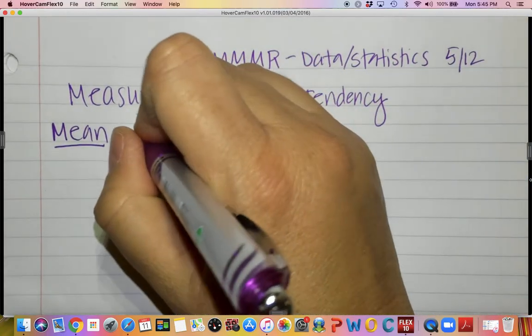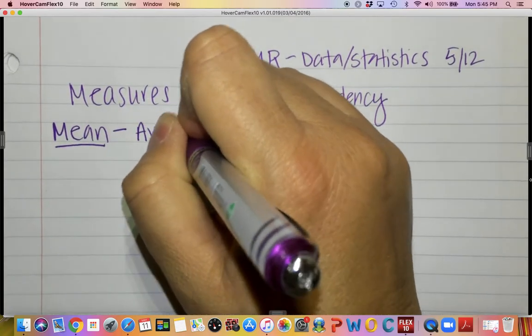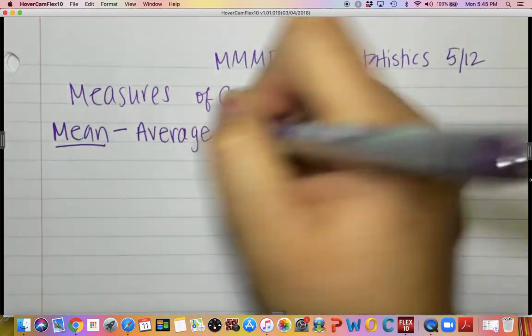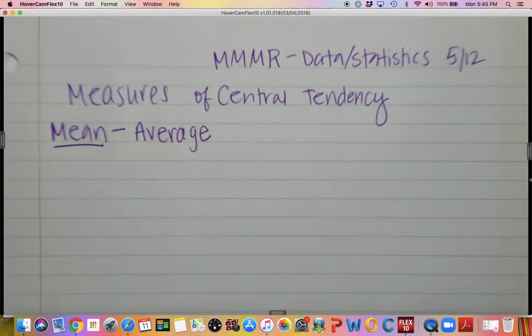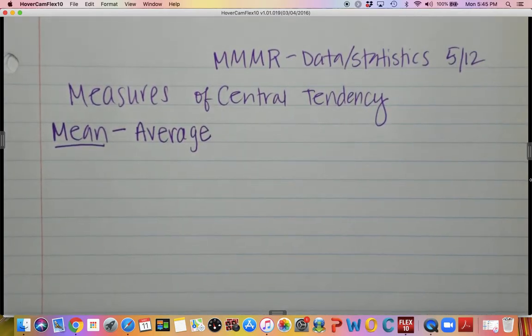Mean is also known as the average. So if I was to send out a survey and say, how old are you? Most of you are going to say 11, 11, 11, 12, 12, 12, 11. Maybe there's one or two of you that are still 10, or maybe there's one of you who's 13. You have an early birthday. Okay? If I were to send out that survey and ask, I'd want to know what the average is.